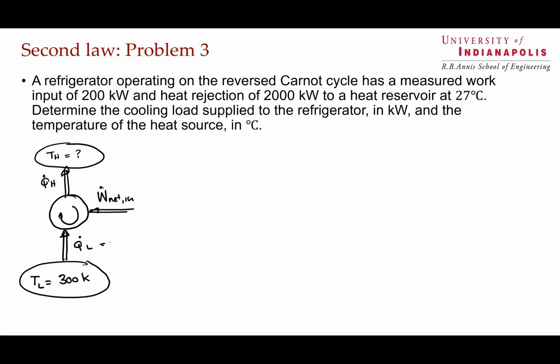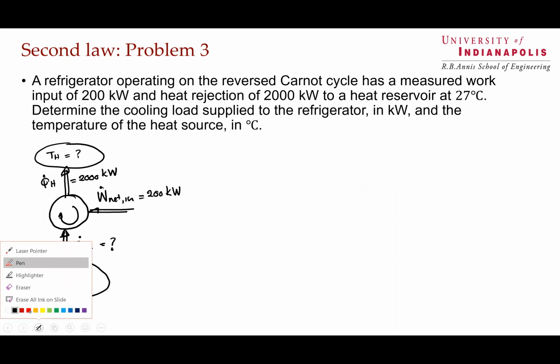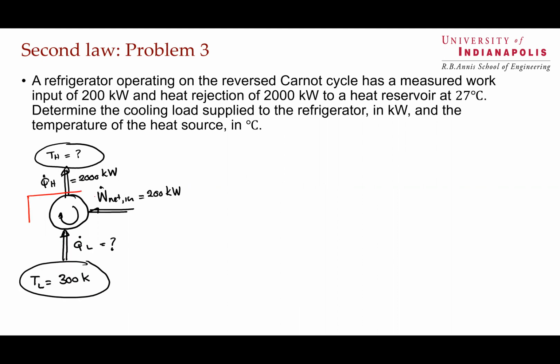And we need to find this cooling load supplied to the refrigerator. And measured work input is 200 kilowatts, and QH is 2000 kilowatt. Now we can easily determine Q dot L by taking this entire cycle as a closed system.